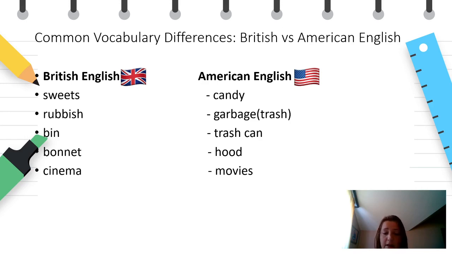And the last but not the least word is cinema, a British English word. It is a theater where you pay to watch films. And in American English, the word for cinema is movies. So the Americans say movies for cinema. Example: go to the cinema or go to the movies.